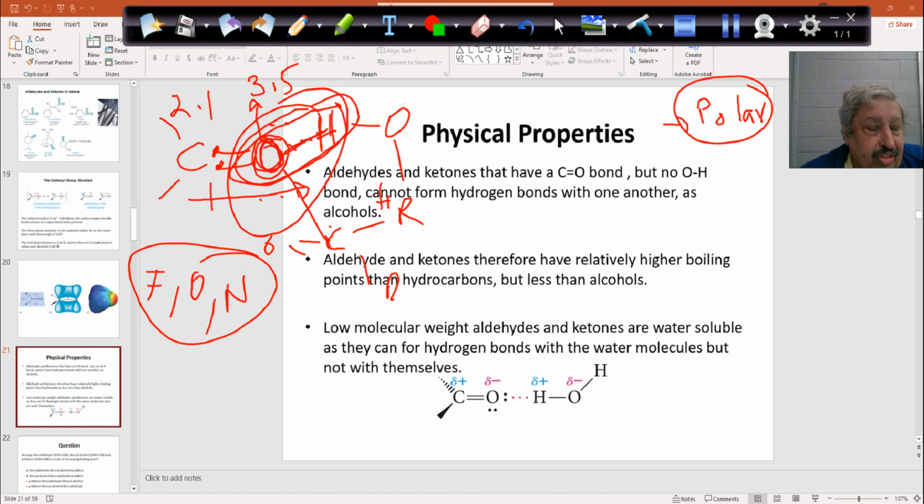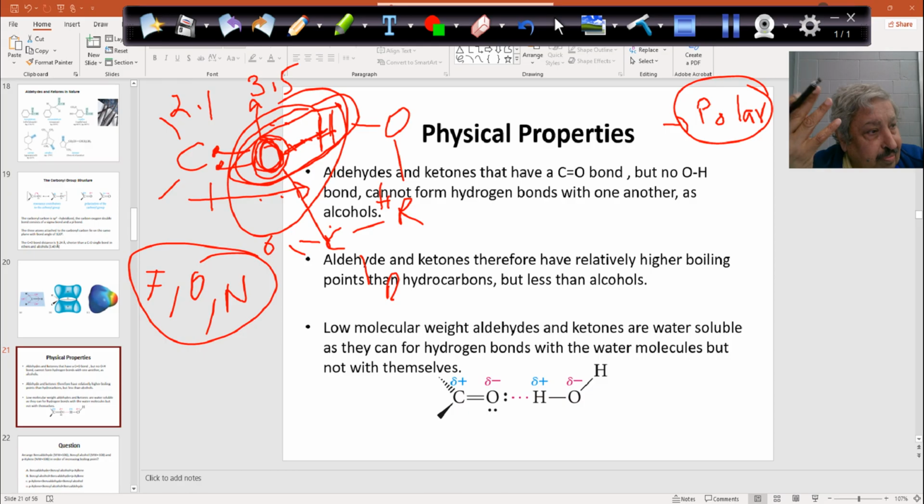So that's about the hydrogen bonding. We are talking about hydrogen bonding because the more hydrogen bonds you have, the higher the boiling point and the higher the melting point. Both physical properties will be higher.